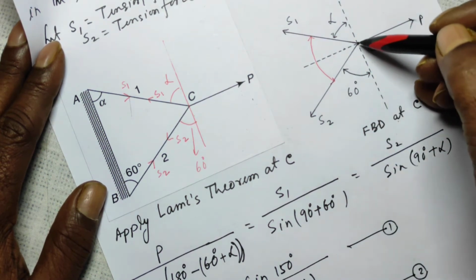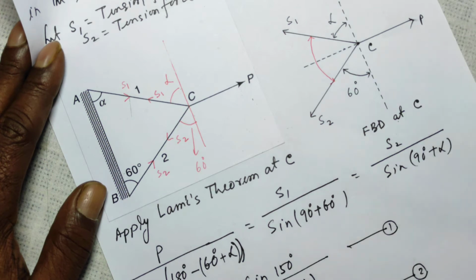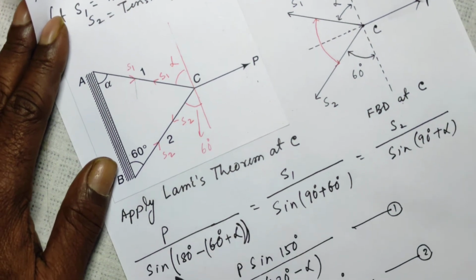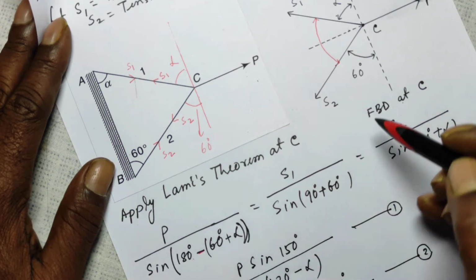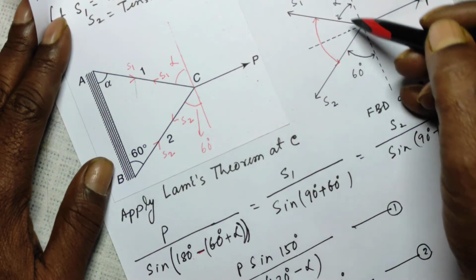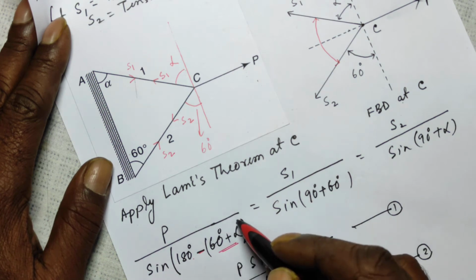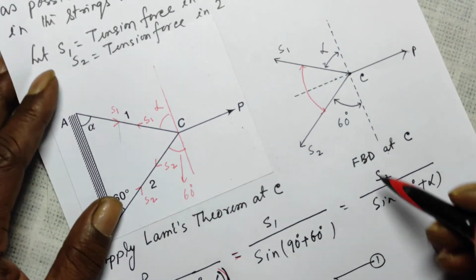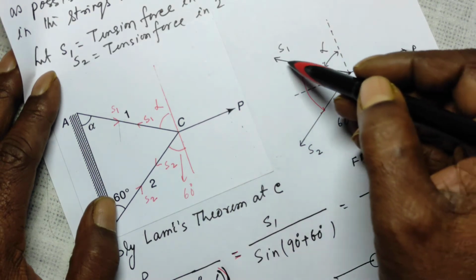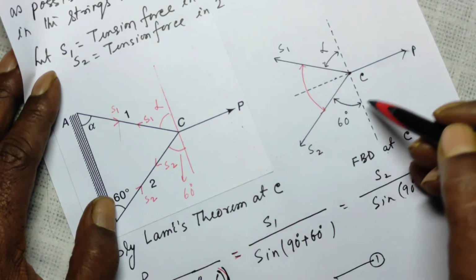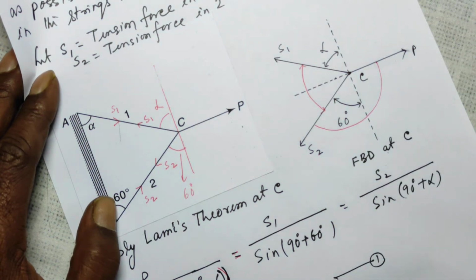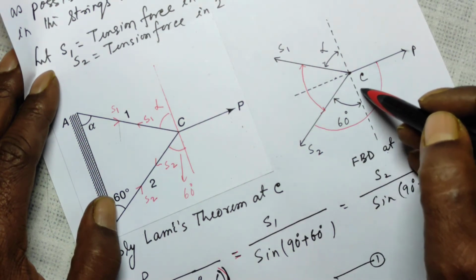This straight line at the point C makes an angle of 180 degrees. So P over sine of 180 minus (60 plus alpha) is equal to S1 over the angle between S2 and P, that is 90 plus 60.